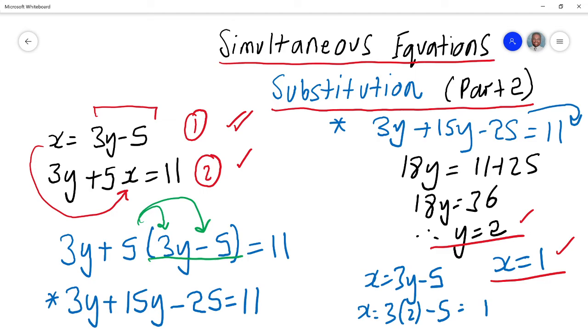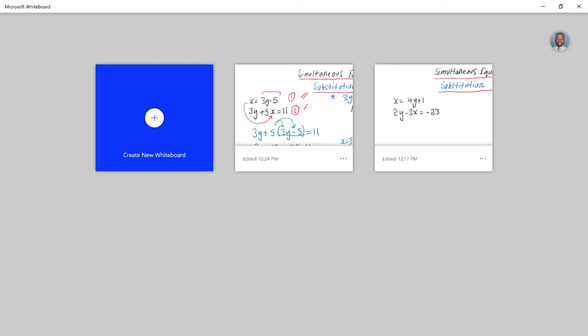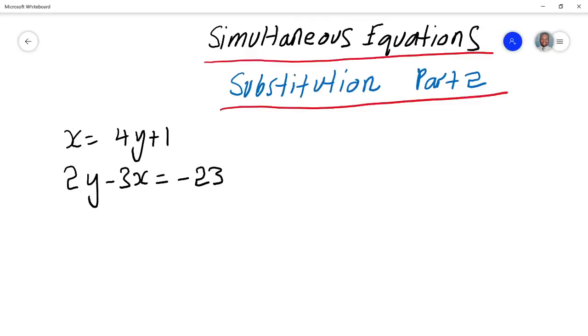All right. I'm now going to solve another question. So let's look at these two equations. I'm going to call that equation 1, and that equation 2. So we've got x is equal to 4y plus 1, and 2y minus 3x is equal to negative 23 as my second equation.